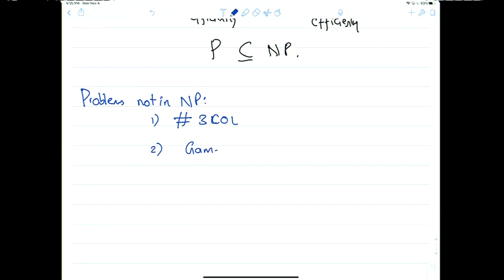When you have a game and you ask what's the best move in a game, or does white win? Does white, or one of the players, black, have a winning strategy? This is called solving a game, and both of these are much harder than NP.